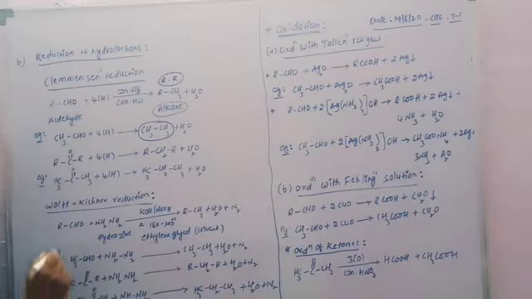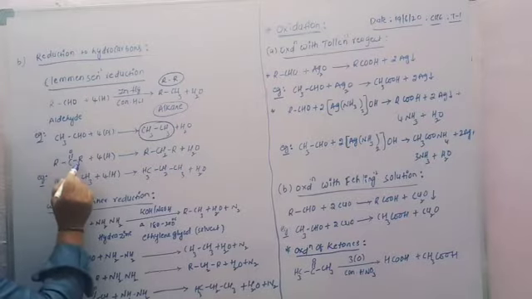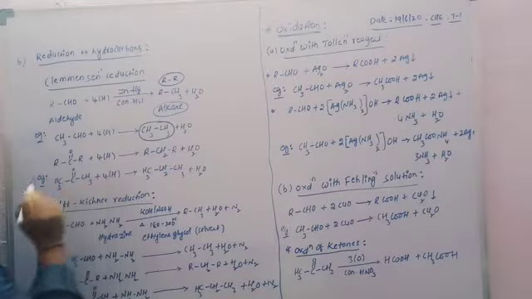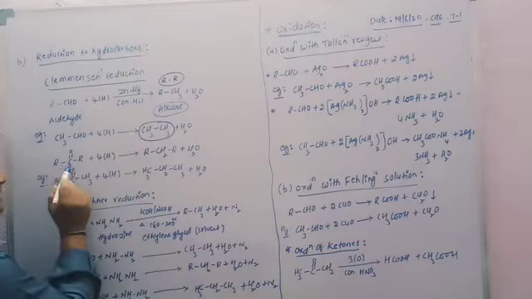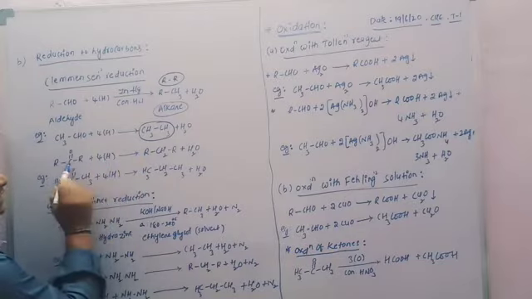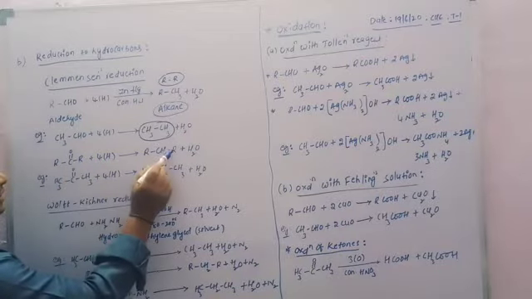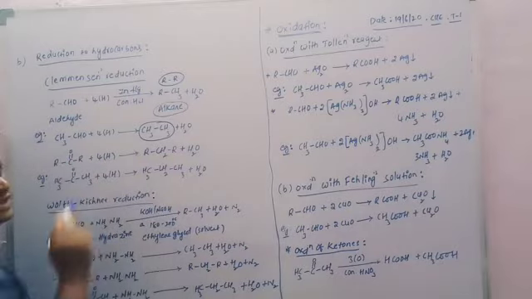The next one is, for example, RC double bond OR, which is the ketone. For ketones, on addition of hydrogens, C plus 2 hydrogens becomes CH2. The remaining 2 hydrogens combine with oxygen to form H2O.